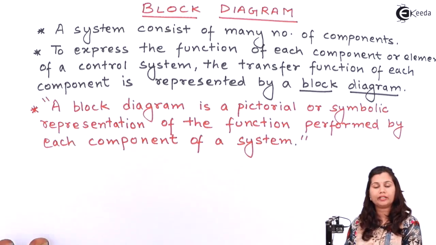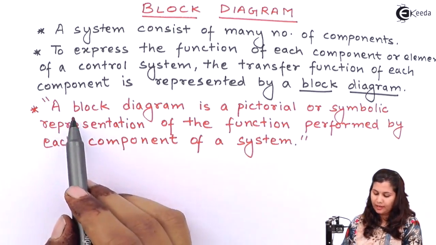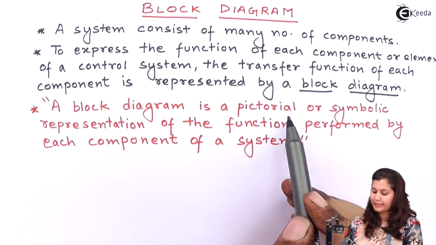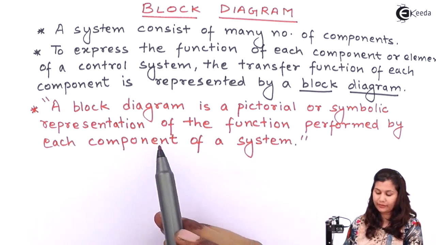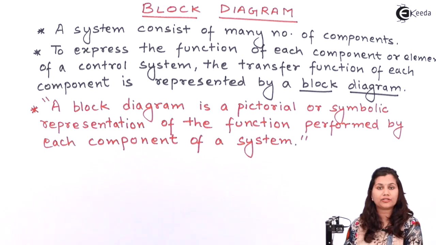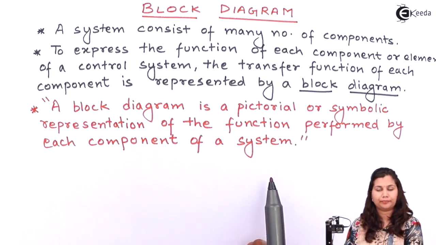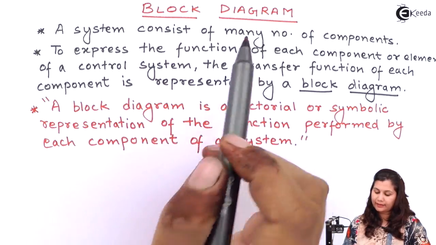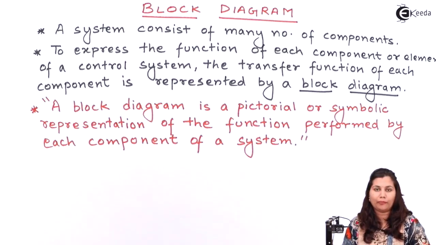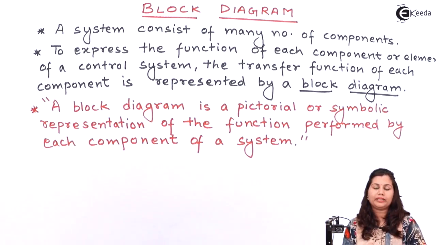So this is the definition of a block diagram. Let's see it again. A block diagram is a pictorial or symbolic representation of the functions performed by each component of a system. Now we have said that a system has many components, so each component will be represented by a block diagram.